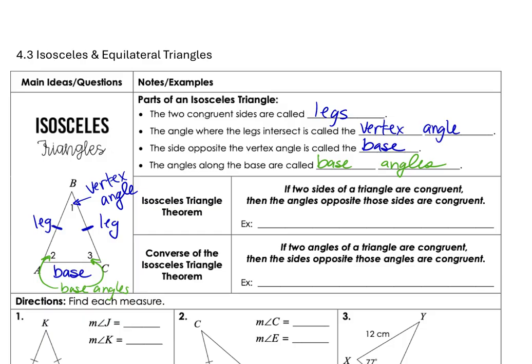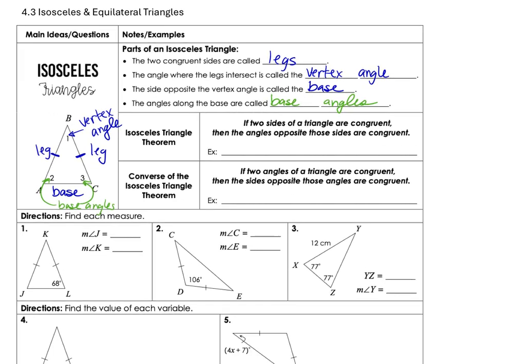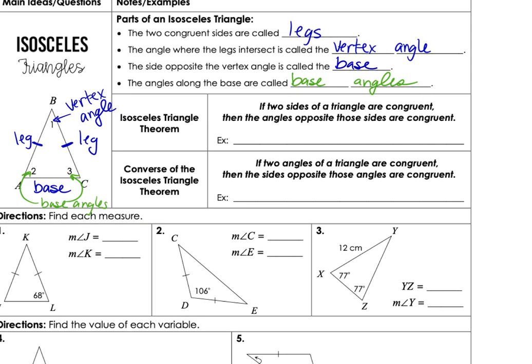Two theorems come into play here, and we already talked about them, so this should make perfect sense. The one says if two sides of a triangle are congruent, in other words, if a triangle is what? If two sides are congruent, what do we call that? Isosceles. So if a triangle is isosceles, then the angles opposite those sides are congruent.